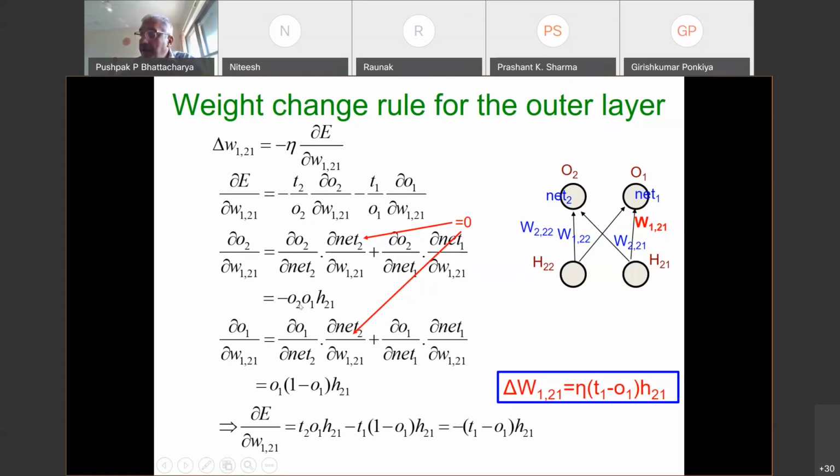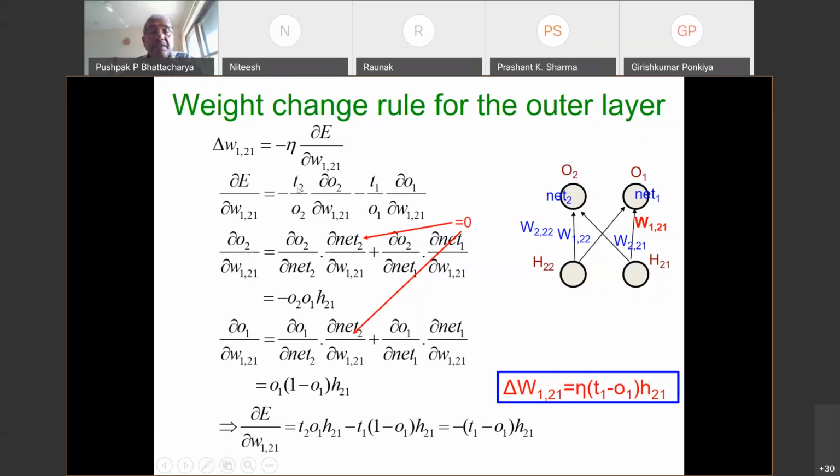multiplied by appropriate quantities. So delta E delta W21 is minus T2 by O2 delta O2 delta W minus T1 by O1 delta O1 delta W. Now delta O2 delta W has been found to be minus O2 into O1 H21.